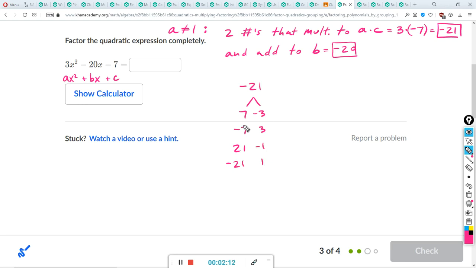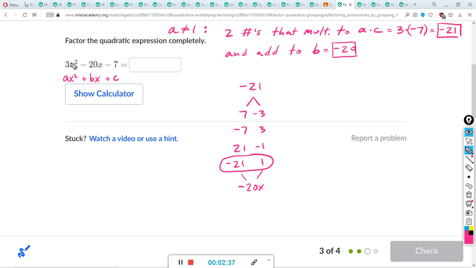Do any of these pairs add to negative 20? Well, yes, it's this right here. So in place of the negative 20x, we're going to write negative 21x and positive 1x.